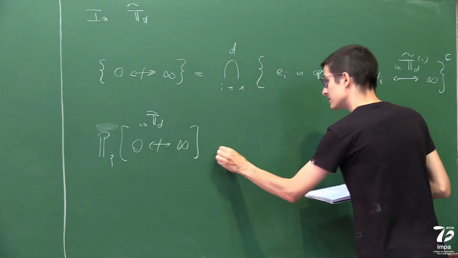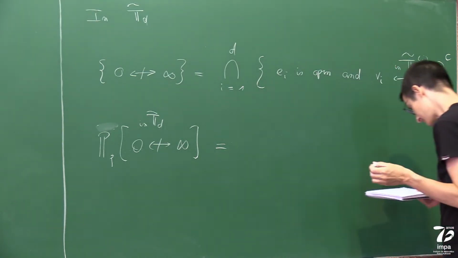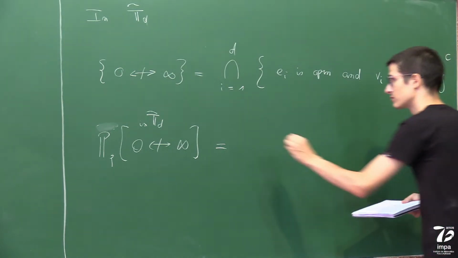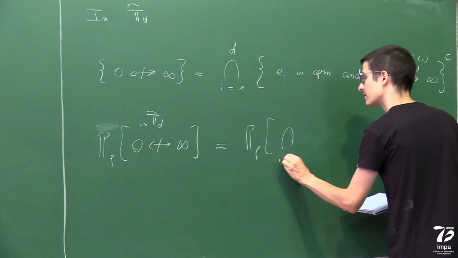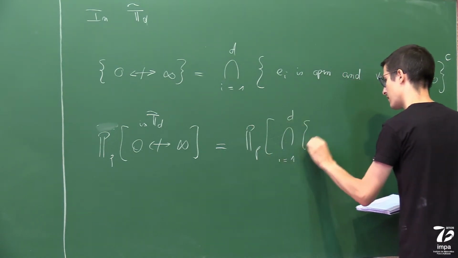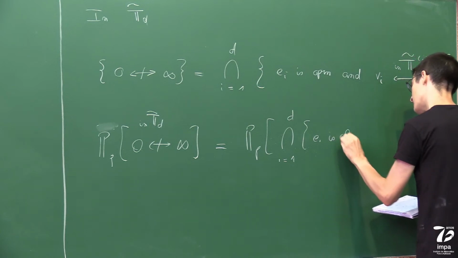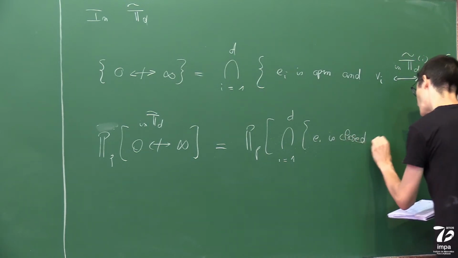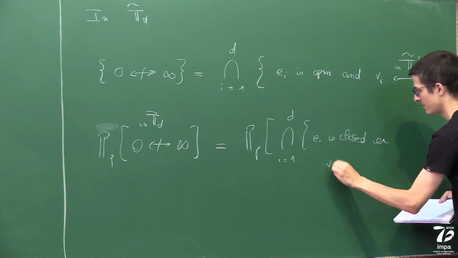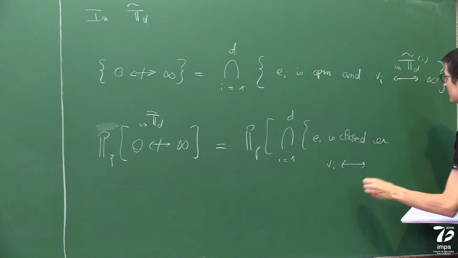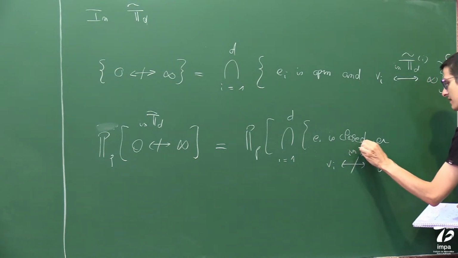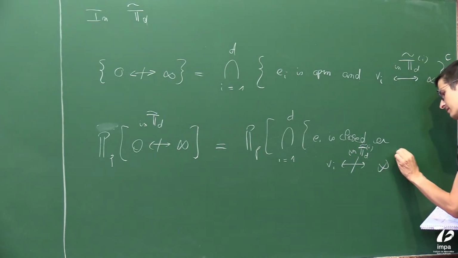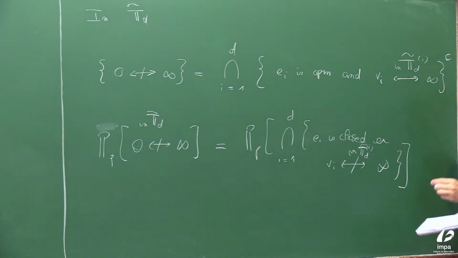So this is equal to the probability of this intersection: E_i is closed, or V_i is not connected to infinity in T_i^d.